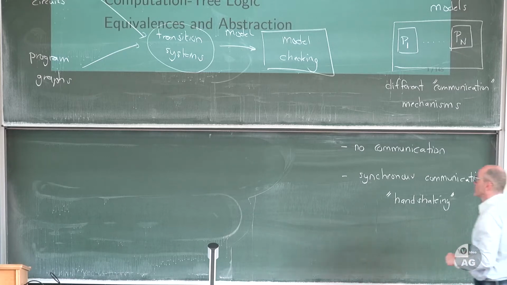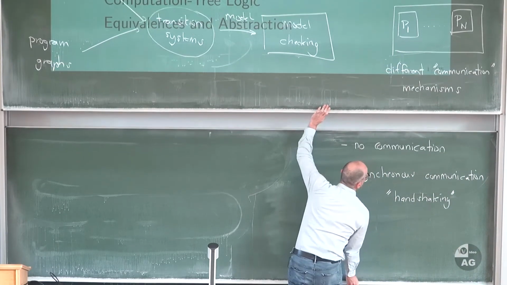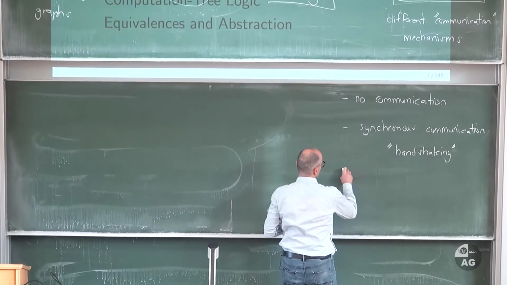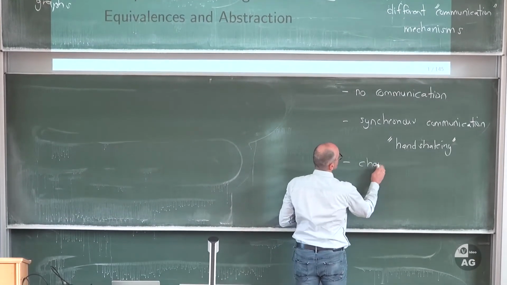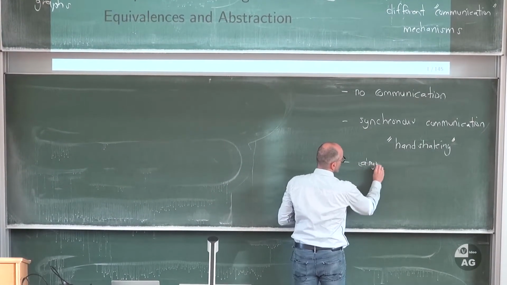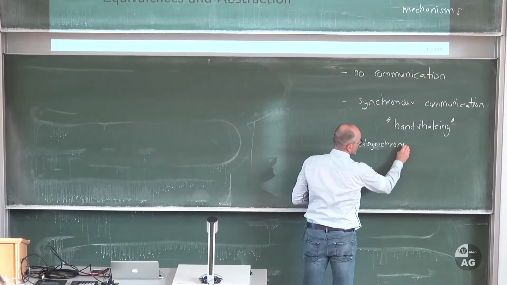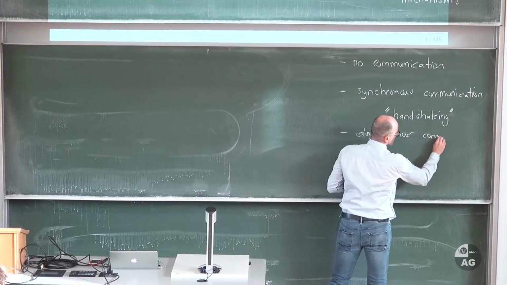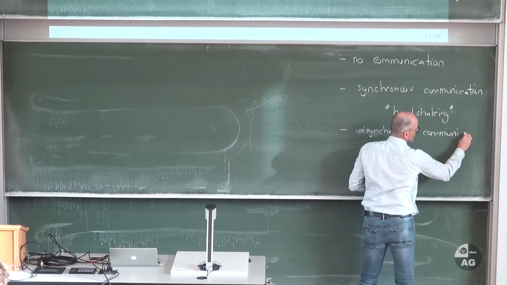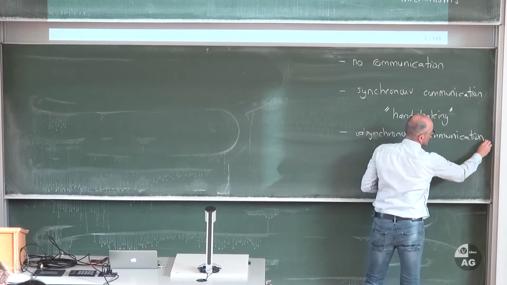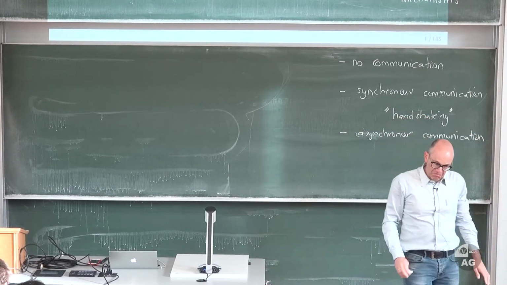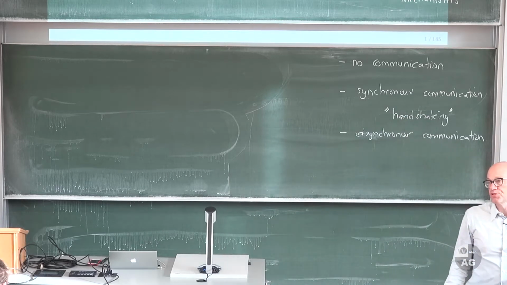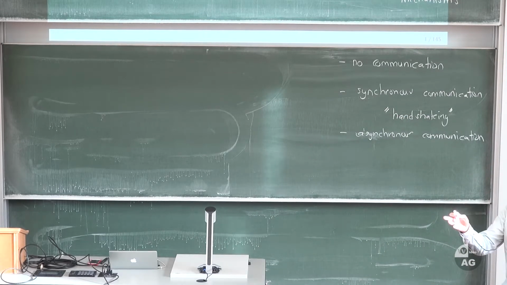And the last thing that we're going to introduce on Friday is what we call channel systems. The best way to describe this is asynchronous communication. In one sentence, you could summarize it as: you have a mailbox.